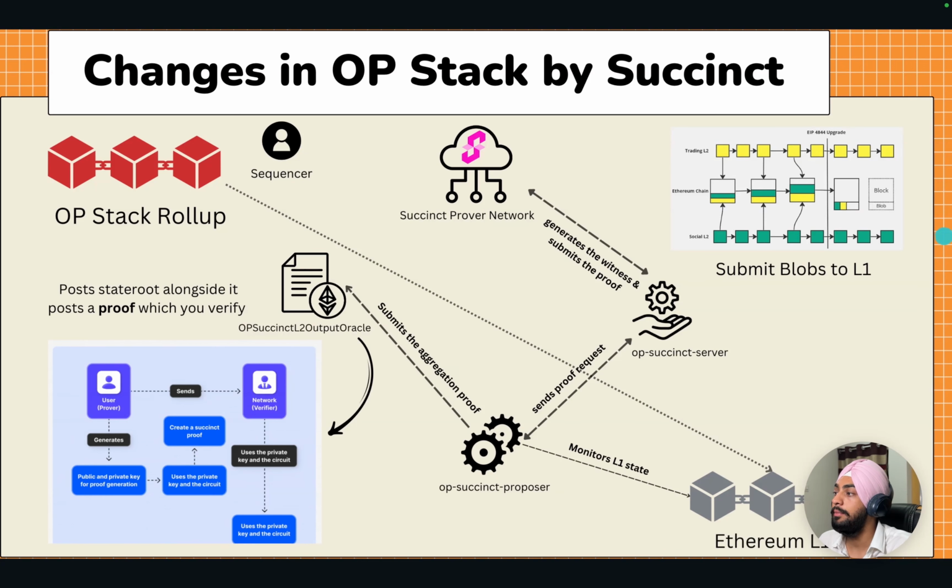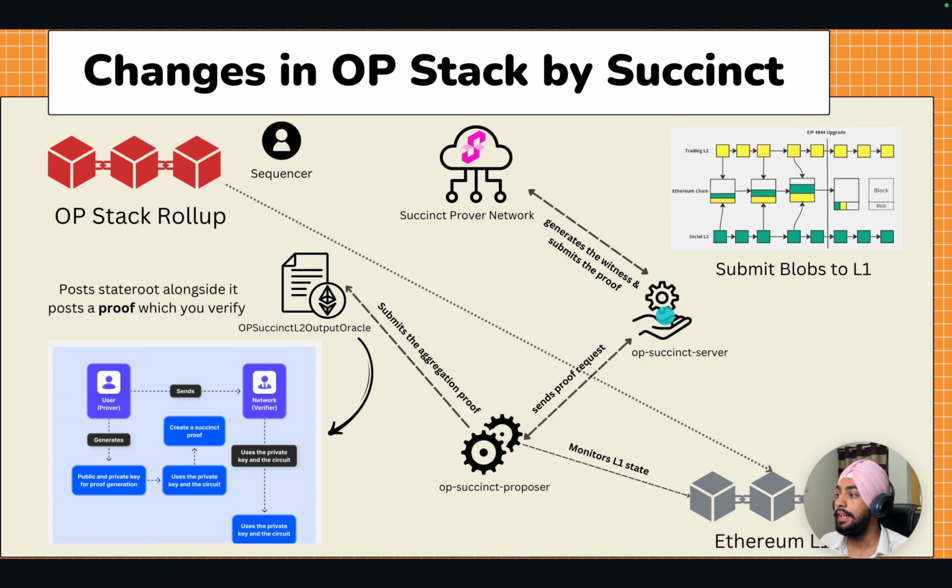So now let's see in the diagram how the OP Succinct service actually works. It consists of two containers: one is the OP Succinct Proposer and the other one is the OP Succinct Server. So how do they actually work together, right? The proposer monitors the L1 state to determine when to request a proof, and then it sends proof requests to the OP Succinct Server.